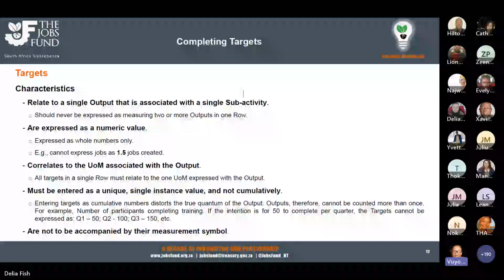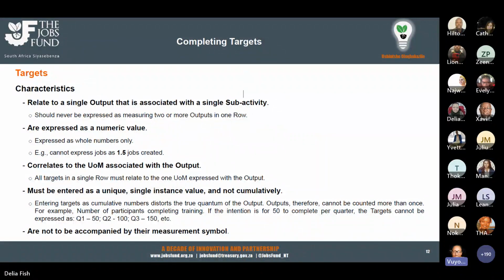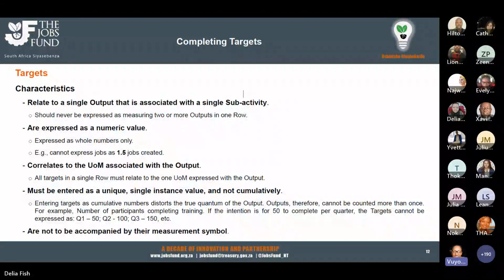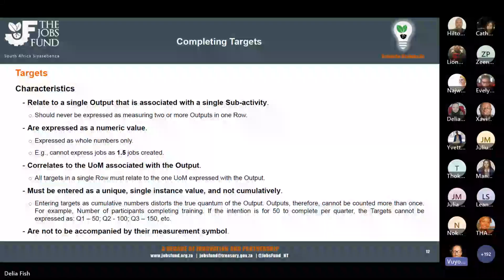And now we come to targets. As we've said, targets relate directly to the output. So it is important that the numeric target value you enter in the ABC PIMP speaks to the output. The output will have a unit of measure.